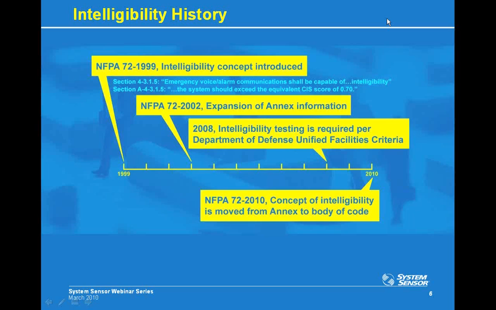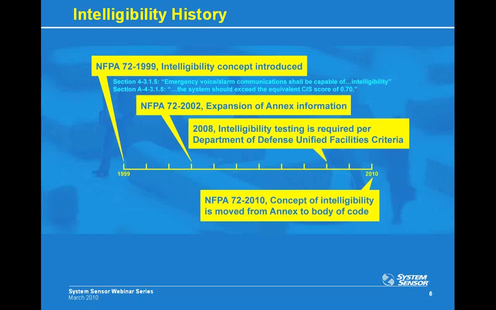Looking at a bit of history, 1999 was the first time the concept of intelligibility was introduced into the code as part of NFPA 72. The information was only included in the annex, and basically it said that emergency communication systems shall be intelligible, and specifically they should meet or exceed a CIS score of 0.7.